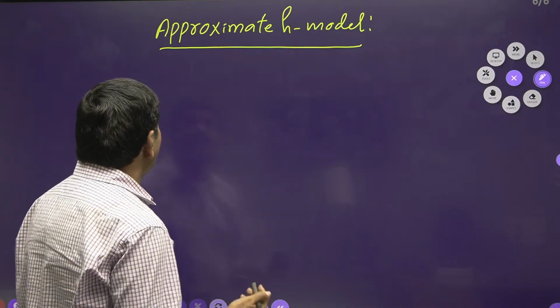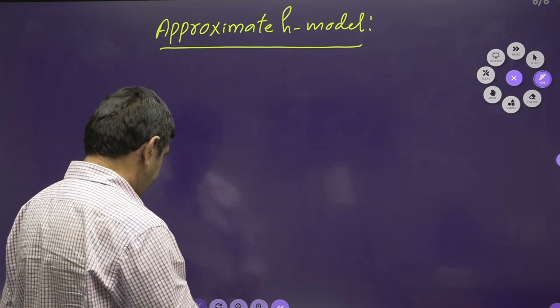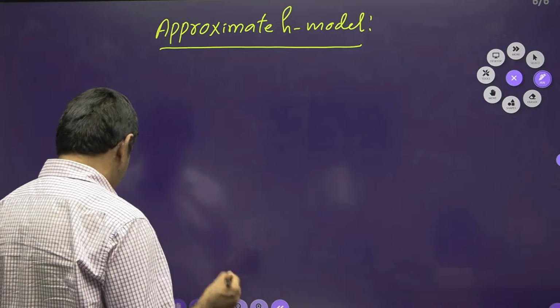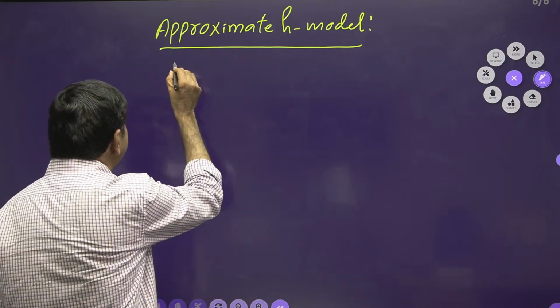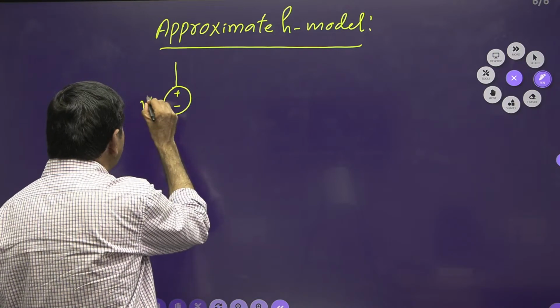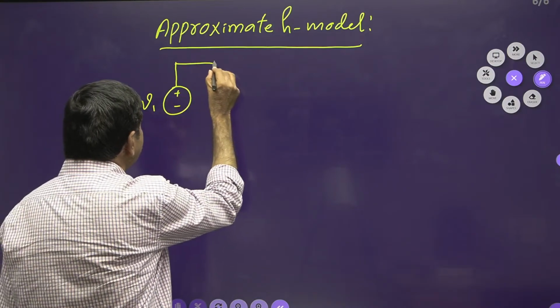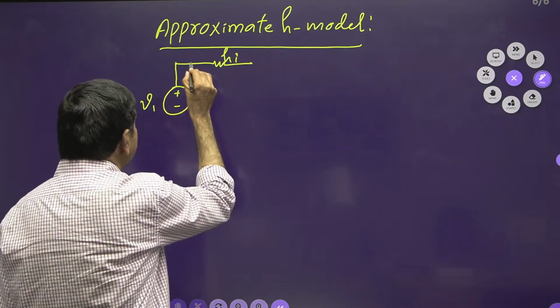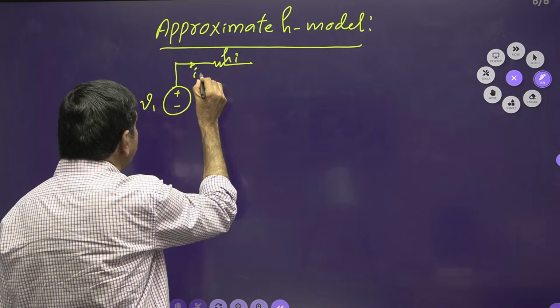Understand now. Approximate H model: I already gave the H parameter model network like this. This is V1. This is HI. The current passing through this I have taken as I1.